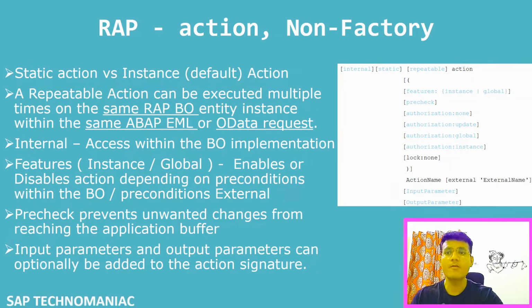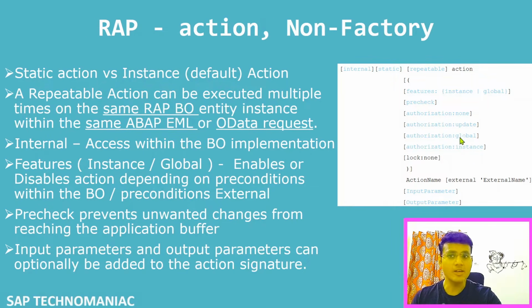For example, whatever authorization is defined for my update operation, if I want the same authorization for this particular action, then I can give authorization update. It will delegate the authorization to the update authorization. In the same way, we can do authorization global and authorization instance as well.